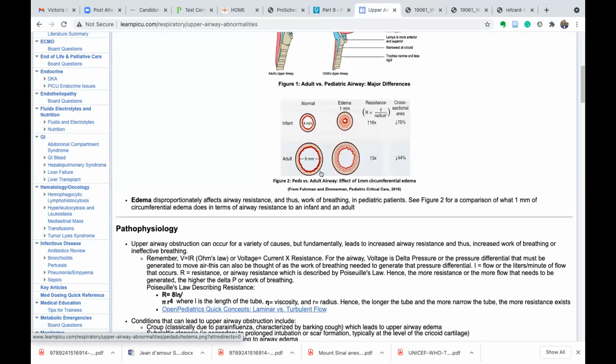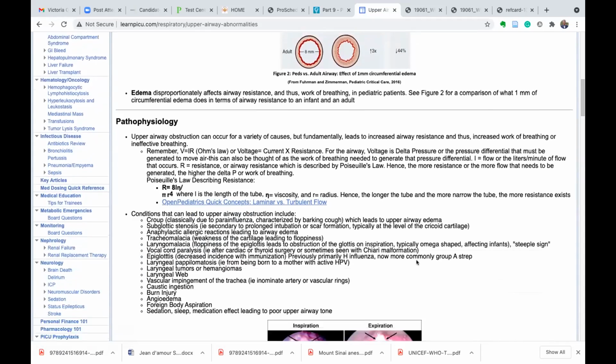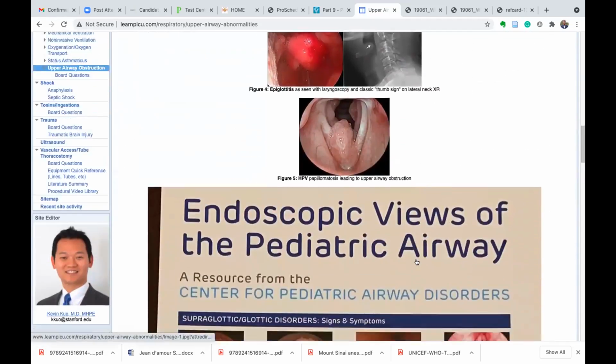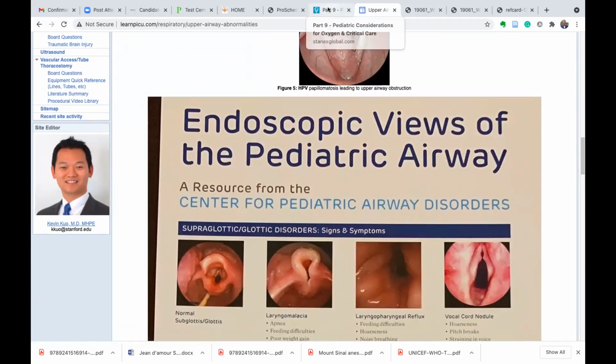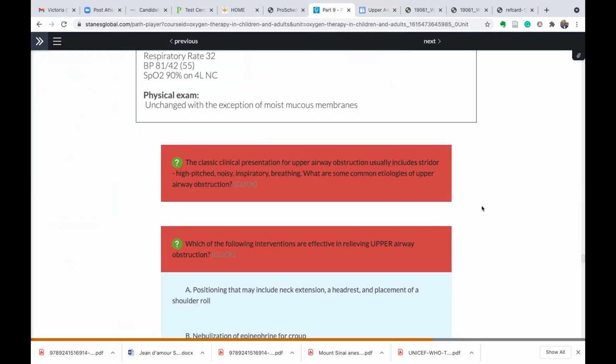So this is a big difference. The smaller the airway, the bigger the decrease in cross-sectional area, because of how the resistance is associated to the radius to the power of 4. Okay, I think this is important to remember. You can have the details on the link.